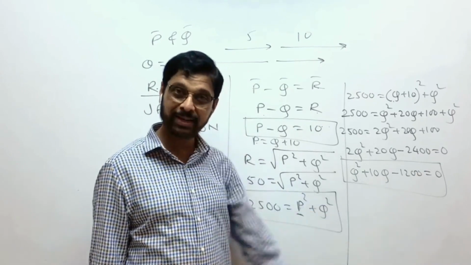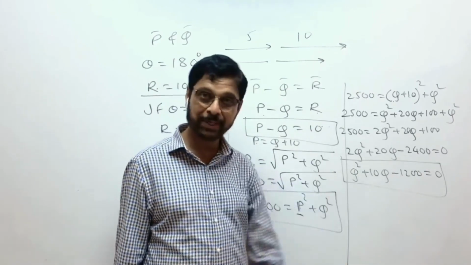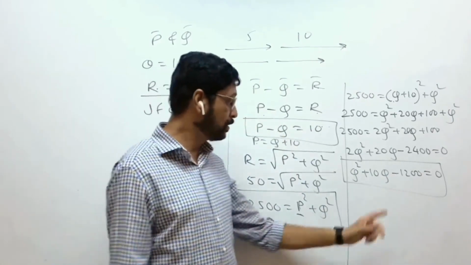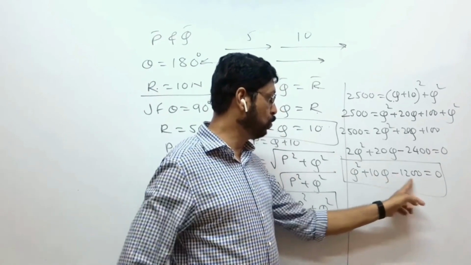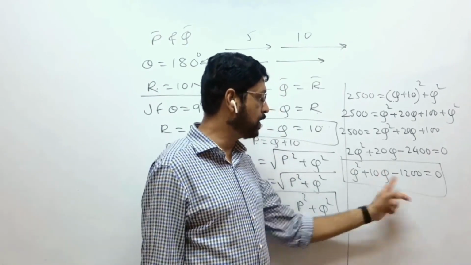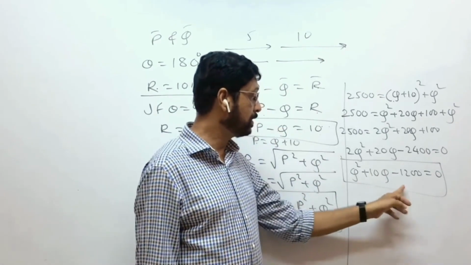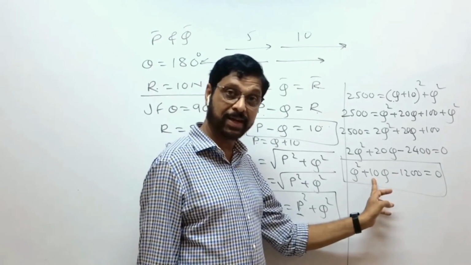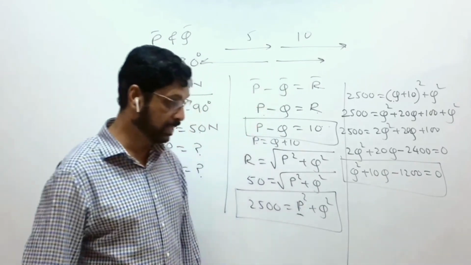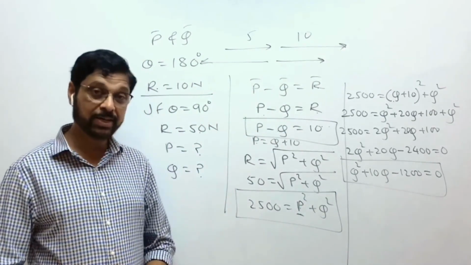Quadratic equation. You can solve a quadratic equation. You have learned that in 10th standard. So how much will be the two factors? 40 and 30, plus 40 and minus 30. 40 minus 30 is 10. So the two vectors are 40 and 30 Newton.